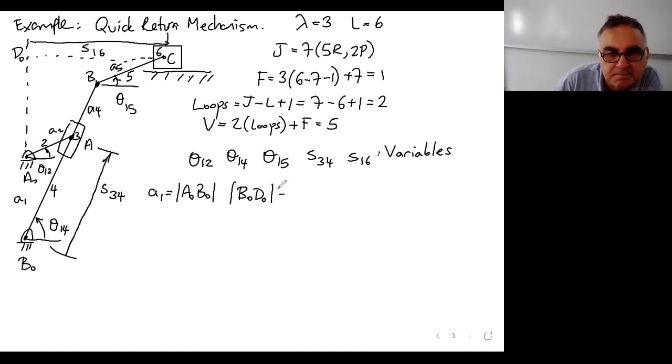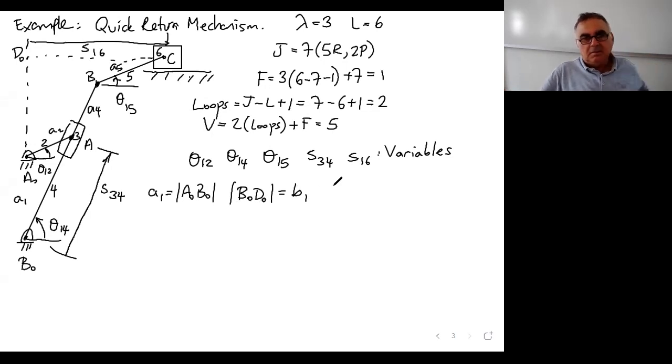B1. Okay. And also we have A2, A4, A5. So these are fixed quantities.